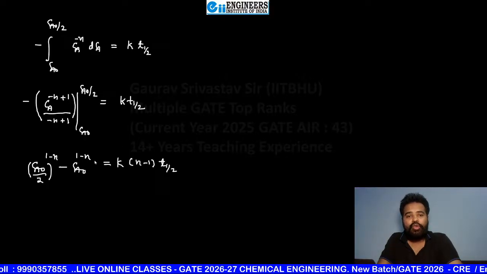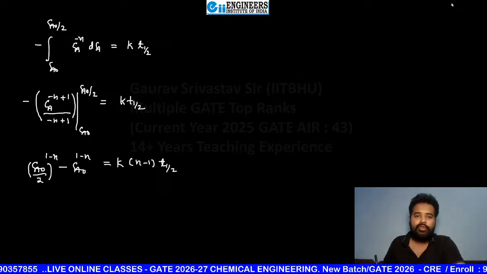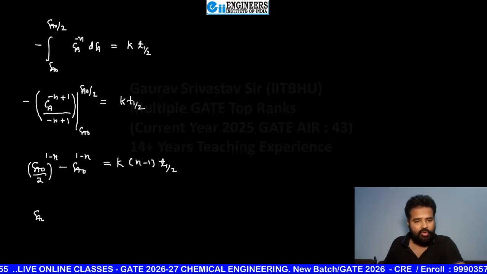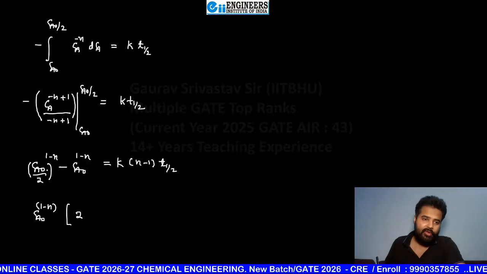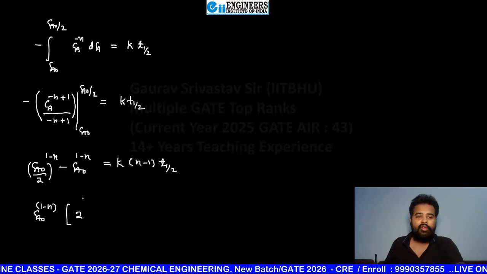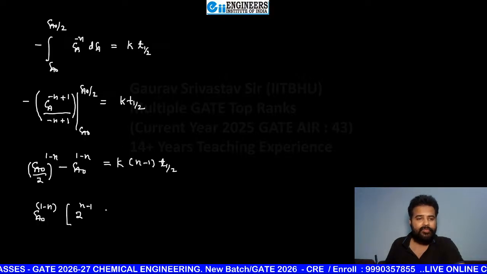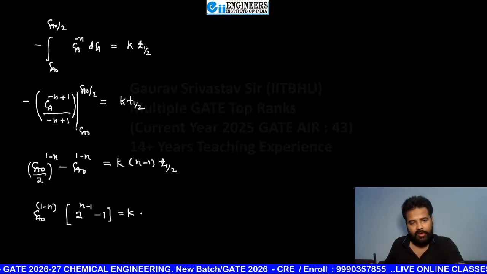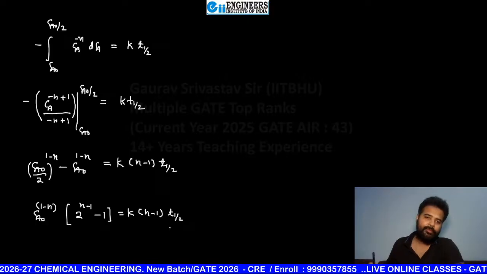Now you have to take something common here, like you can take common Ca naught raised to power 1 minus n. What is left here? 2 raised to power 1 by 2 raised to power 1 minus n, or you can write 2 raised to power n minus 1 and minus 1 equals to k n minus 1 t raised to power 1 by 2.